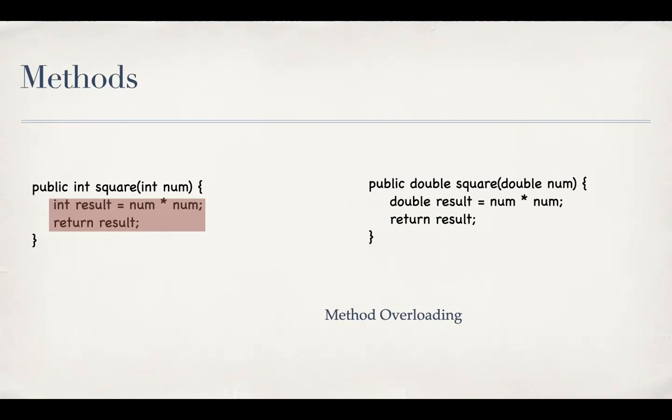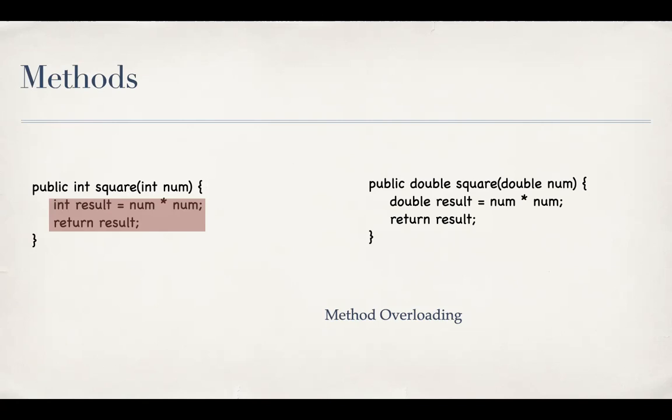Since this method is a non-void returning method, it expects an expression of type int to return. So the compiler will check for you whether it has a return statement on every execution path inside the method body, and also whether the type of the expression of the return statement matches the declared return type of the method. In this case, it does. So we are good. This is not a compiler error.